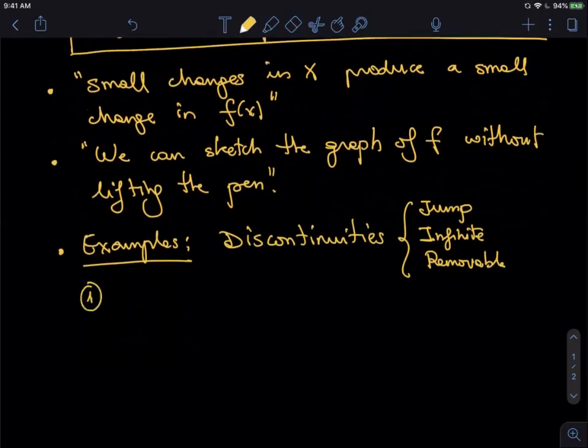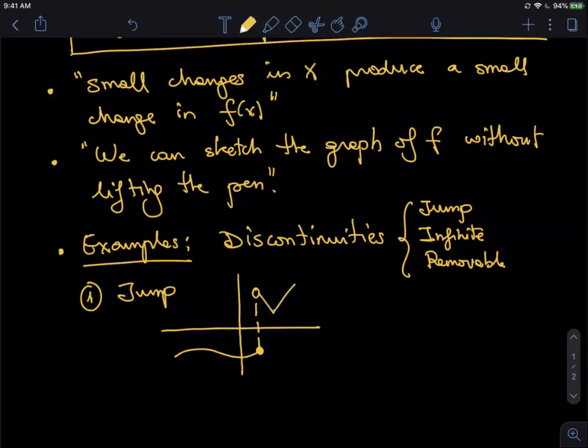So let's see, a jump discontinuity. Here the function is not continuous because there is a jump in the values. For example, we could have a function f that goes all nice and smooth up to a certain value, but then suddenly it jumps and it continues. Something like this.